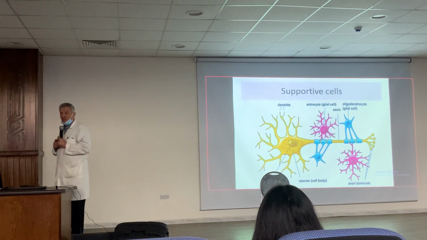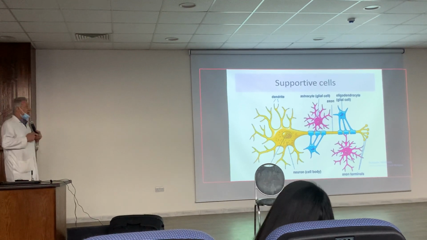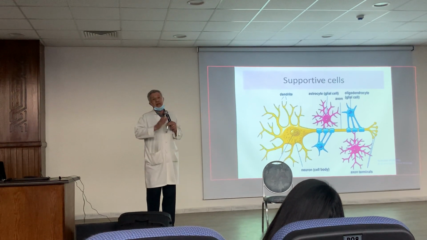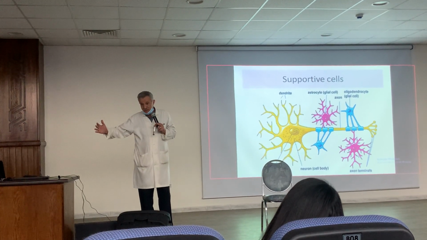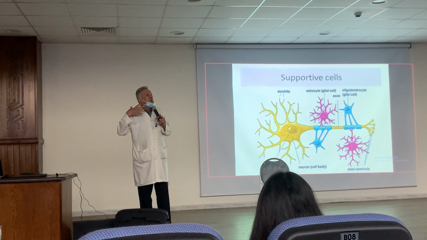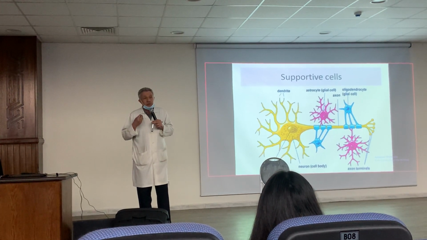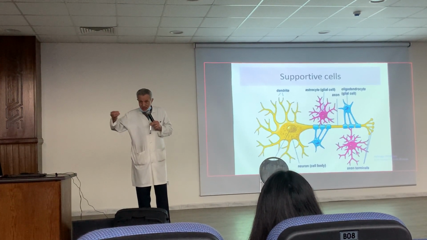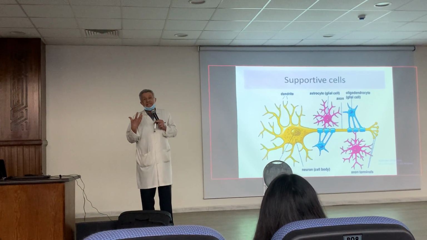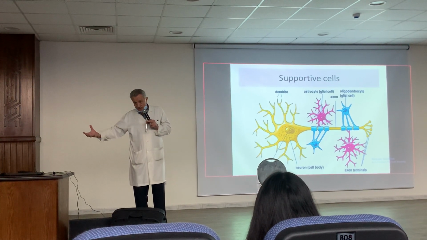So we can have a lot of functions for these supportive cells. One of the functions also, you know, the neural cells are living for all our life, okay, they are not dividing. So we are getting release of what we are calling neurotrophic factors from these supportive cells to increase the survival of these neurons as long as possible.